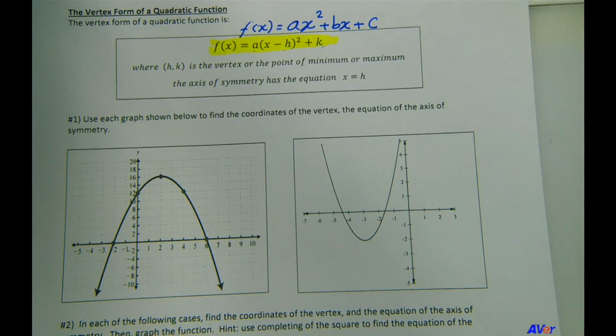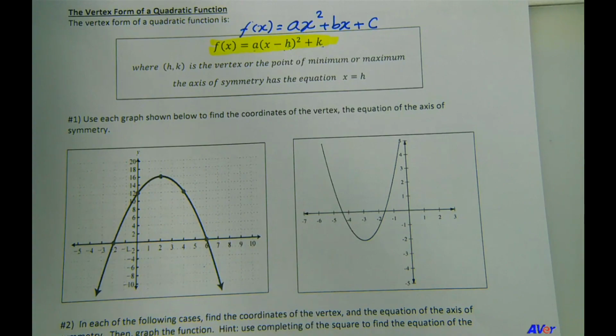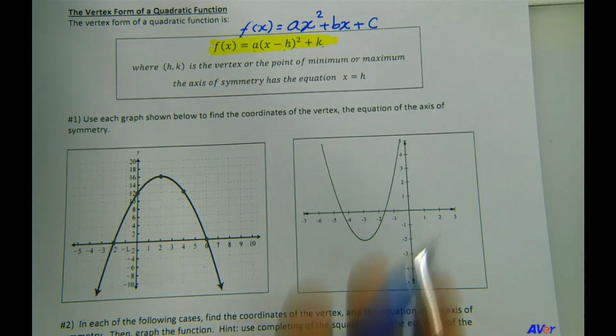In Math 127, you will look in much more detail into the parabola. Basically, a quadratic function graph is a parabola. Okay.